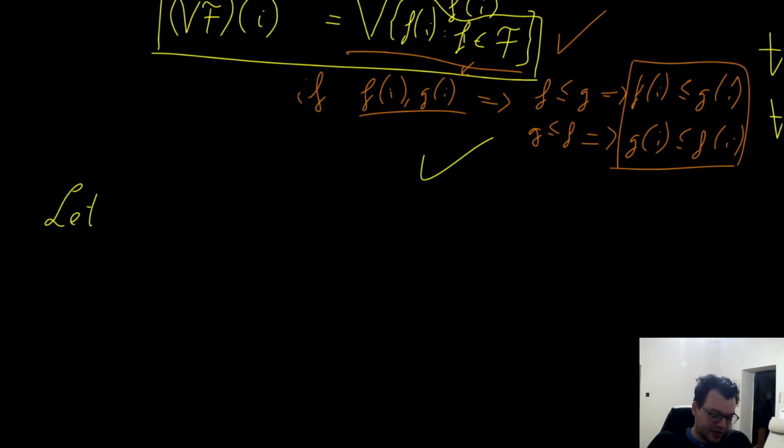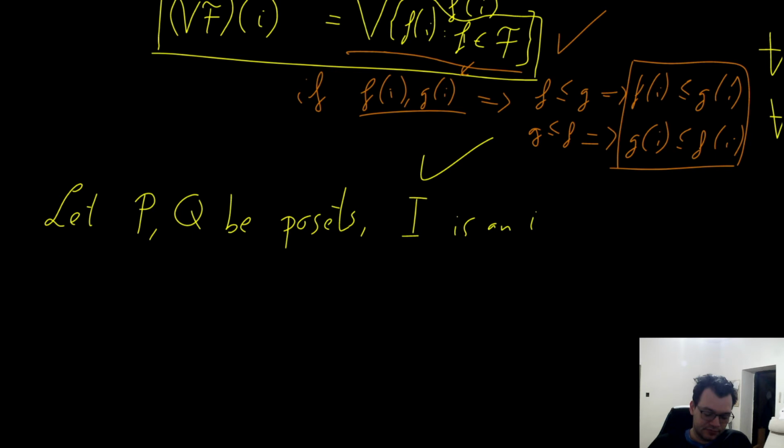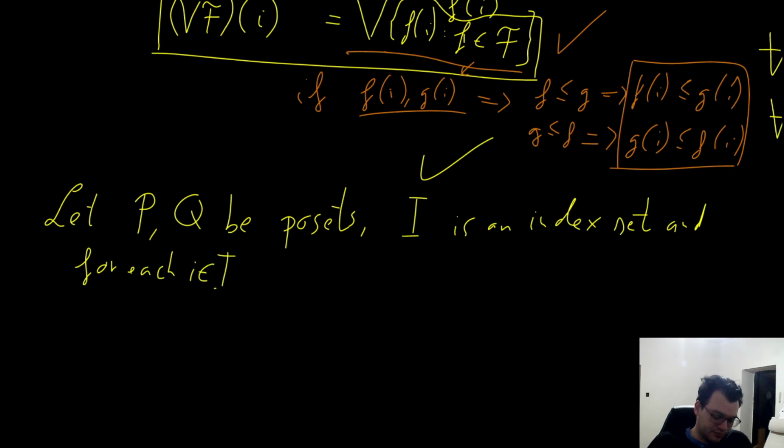So let P and Q be posets, I is some index set, and I will index the vector functions with I. For each i, let f_i from P to Q be a function.